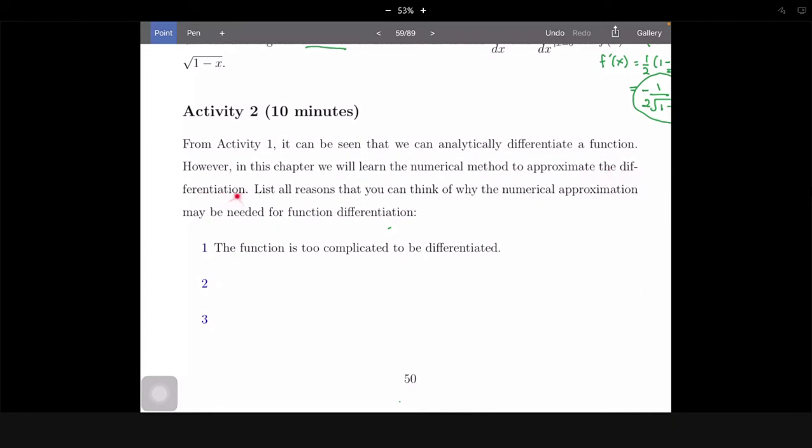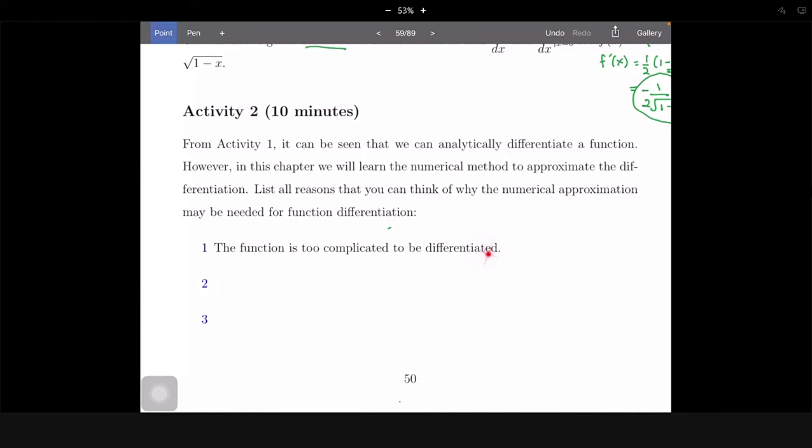Okay, dia nak find the derivative of f prime lah. List all the reasons that you can think of why numerical approximation may be needed for the function derivative ataupun for the function differentiation.